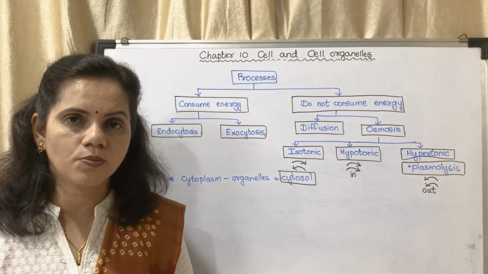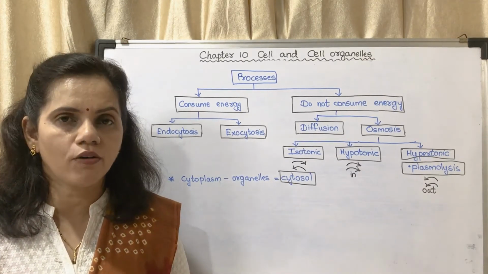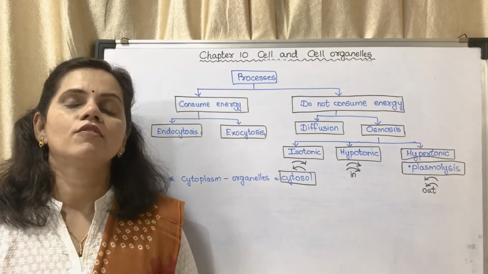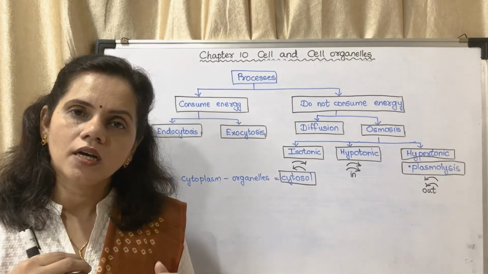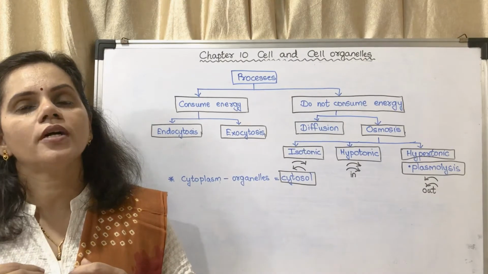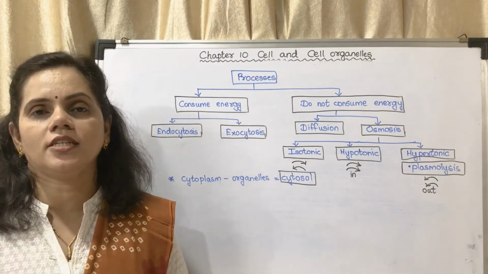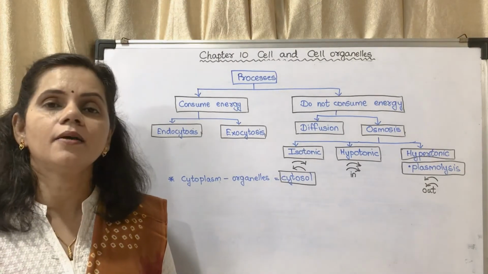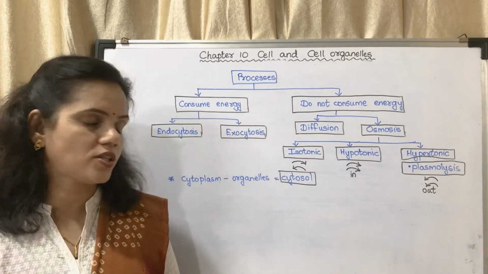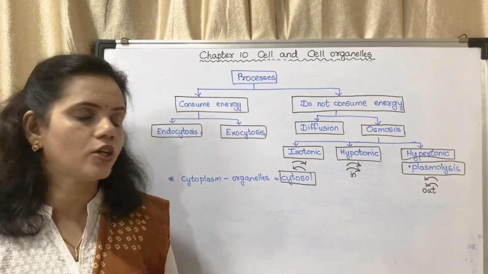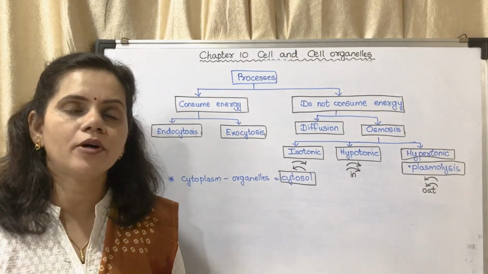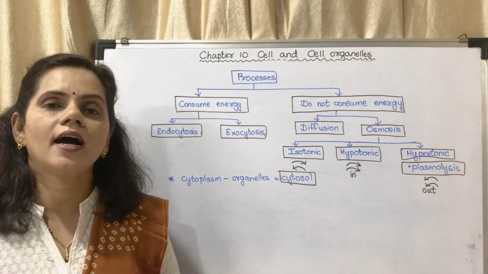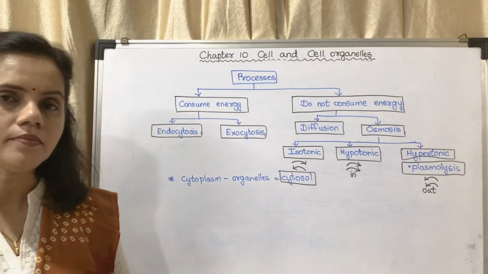So what is osmosis? It is the movement of water molecules from a region of higher concentration to a region of lower concentration. There are three possibilities for osmosis: isotonic, hypotonic, and hypertonic.